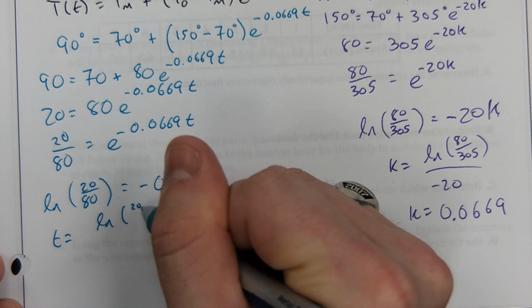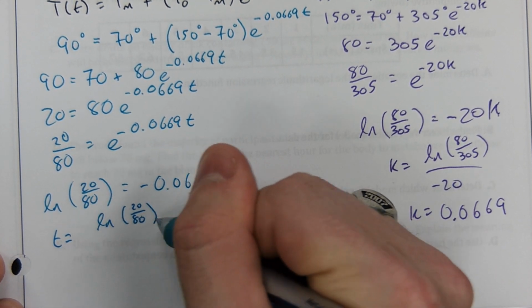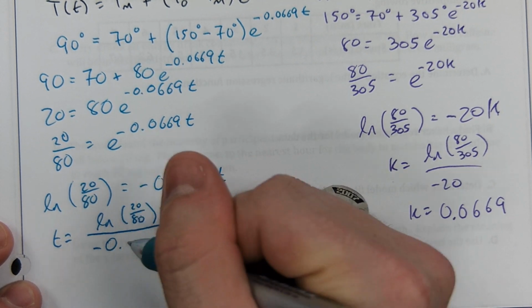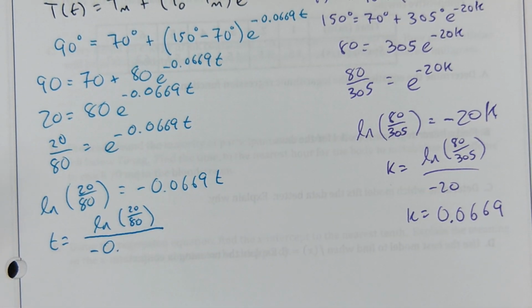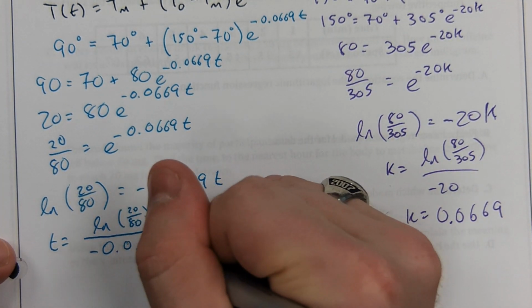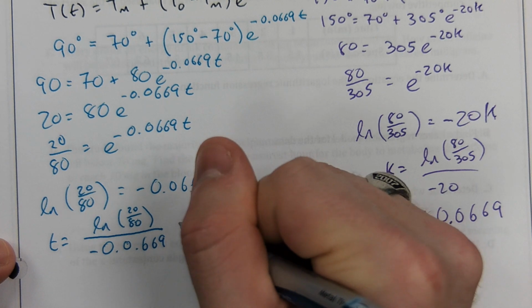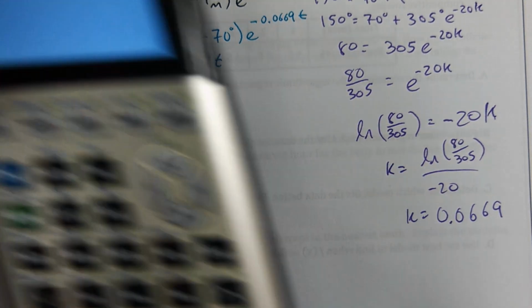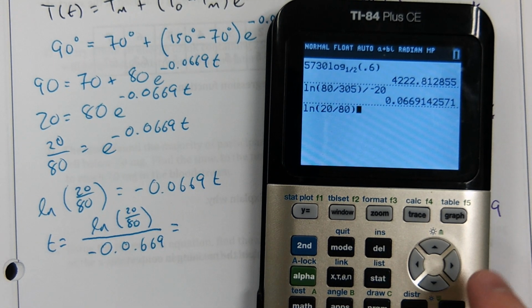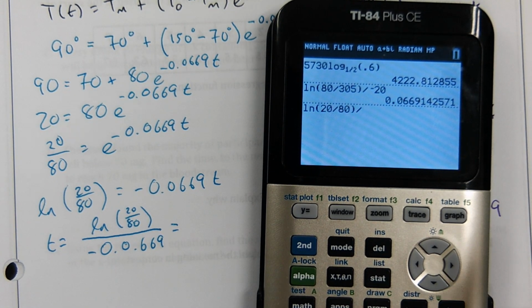So my answer, because I said the starting temperature was 150, my answer is going to be the amount of time, the amount of more time it takes to get down to the 90 degrees. The total time will be my answer plus 20. So it's all about the way the question's worded. And you know what else?